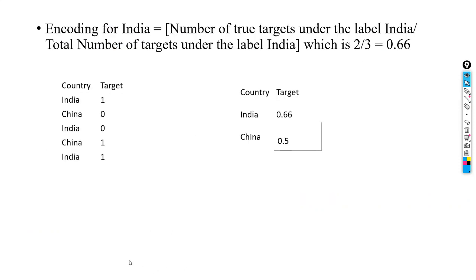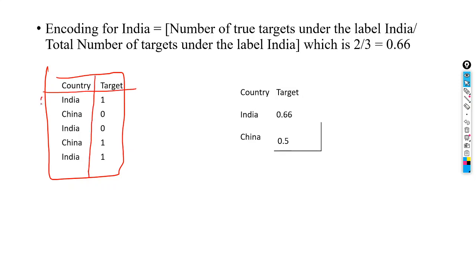What is the formula behind this method? This is a simple data set with observations 1, 2, 3, 4, 5.